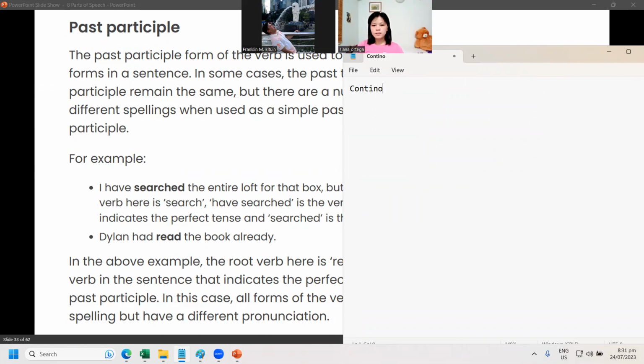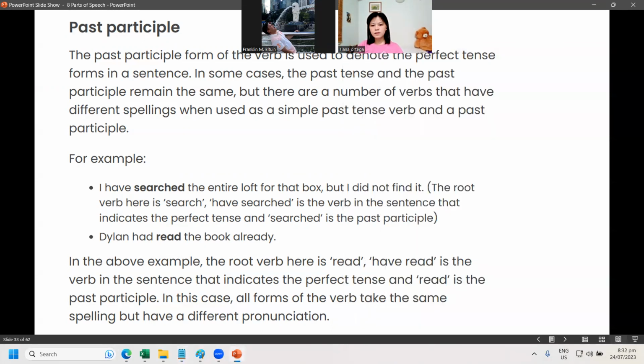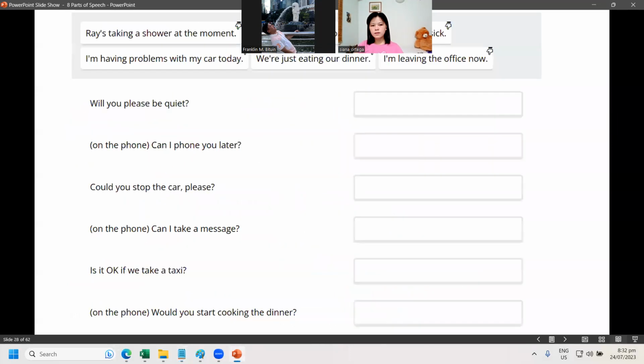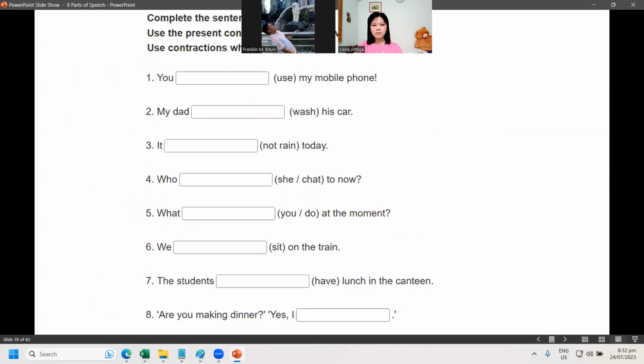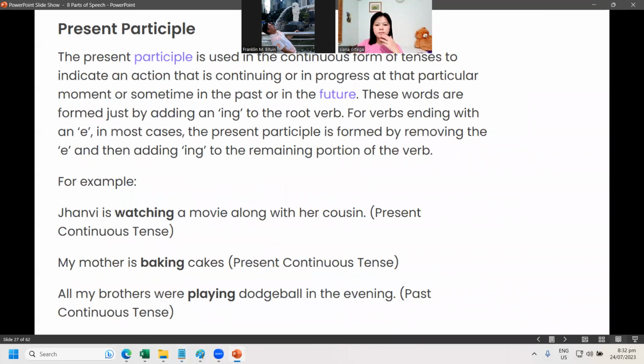Continuous form: verb to be, and then verb plus ing.